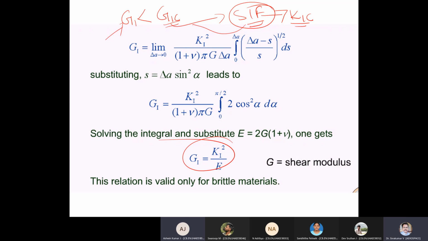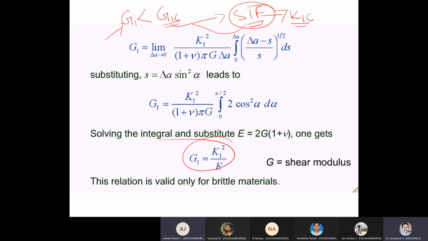Because when you search for a material you want to analyze, I want my G1C, but internationally, people might have done K1C for the same material. In hand, you will have only K1C. Why? Because it's easy.